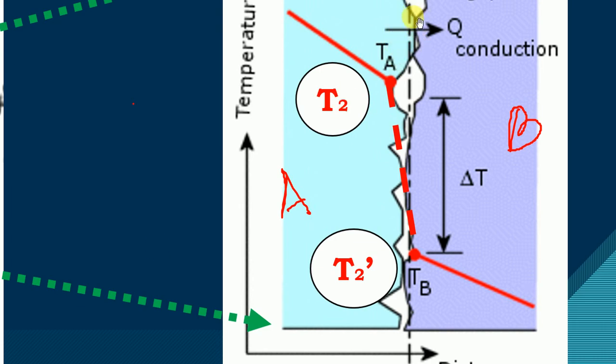Here you can see some peak points, contact points through which heat goes directly, whereas the other part, the white part shown here, is air.